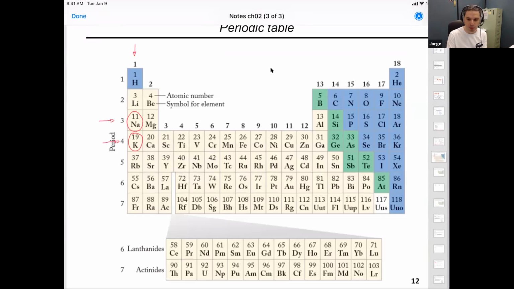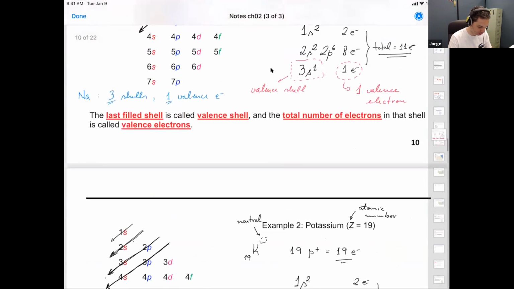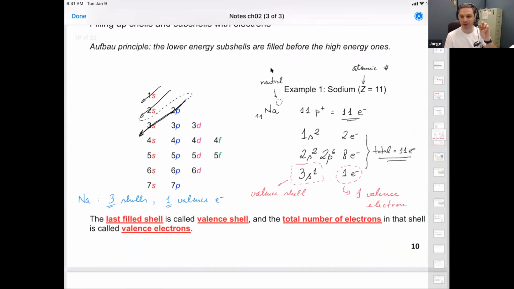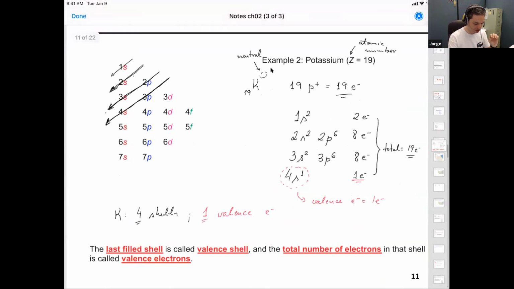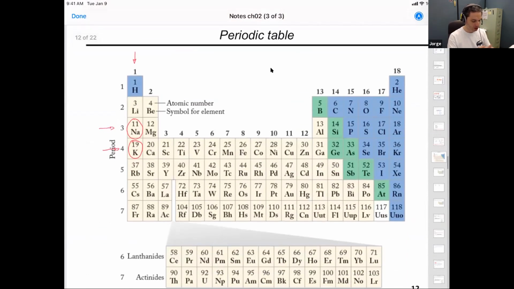If we try to correlate these two numbers with the electron configuration, what's the obvious conclusion? Sodium has 3 shells and 1 valence electron. Potassium has 4 shells and 1 valence electron. Sodium is located in the third row and first column, and potassium in the fourth row and first column.